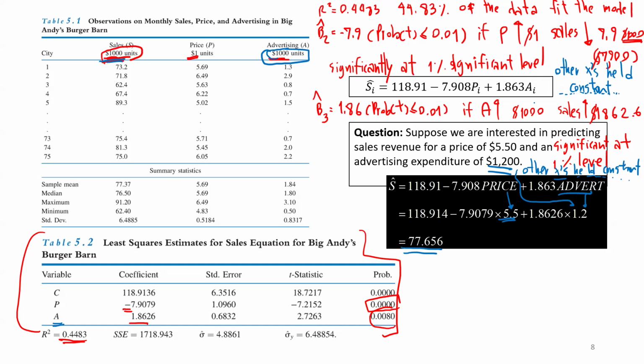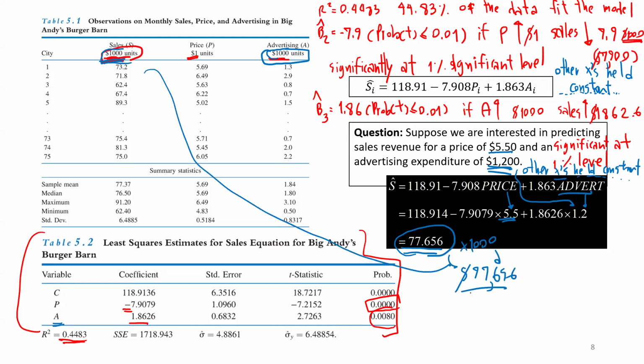This indicates that if the price is 5.5 and advertisement expenditure is 1,200, we predict the sale to equal 77,000, and 600 something dollars. Because the unit is 1,000, you have to multiply it by 1,000 and get this number.